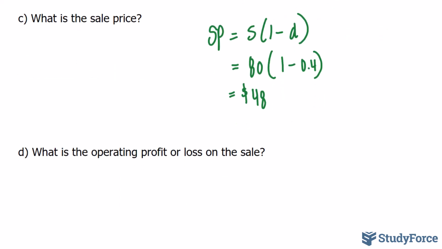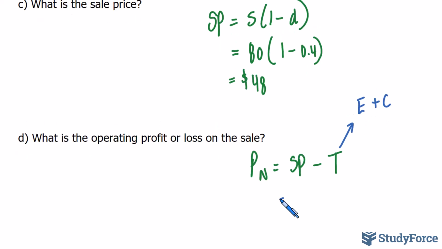Finally, what is the operating profit or loss on the sale? So operating profit, which I denoted as P sub N, is equal to the sale price take away the total cost. And remember, in part 1 of this video, we learned that the total cost is the expense plus your cost. Our sale price is 48.